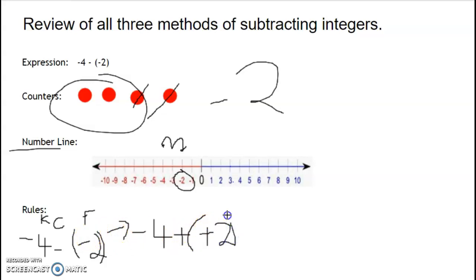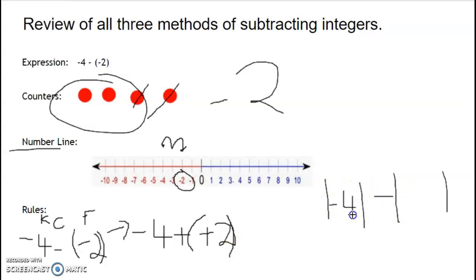We now have -4 plus +2. Since the signs are opposite, we want to subtract. Again, we're going to use the addition rule now, because our whole goal with subtraction is to turn it into an addition problem so we can know the rule. So we have opposite signs here. We have -4 and +2. That means we'll subtract our absolute values.